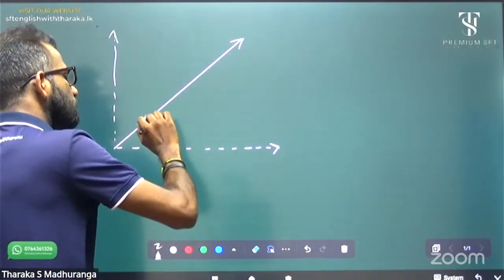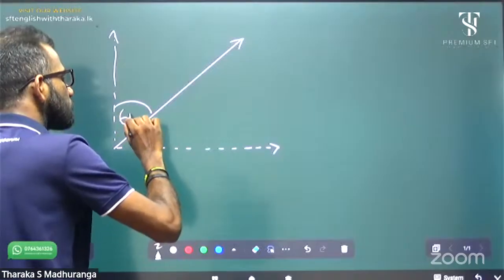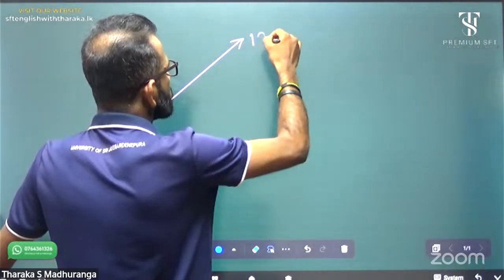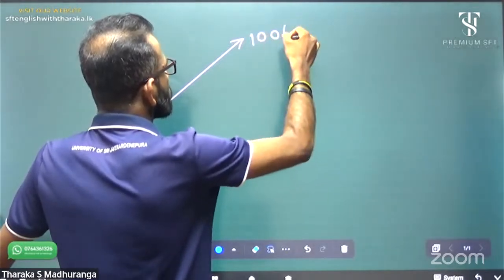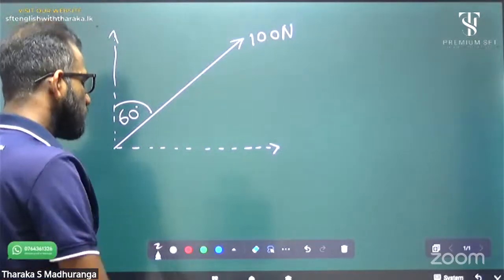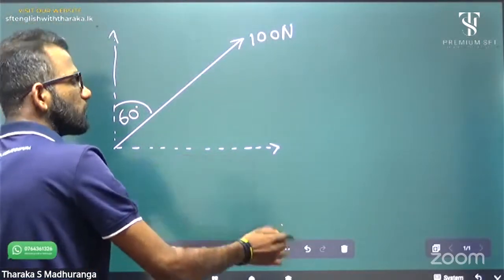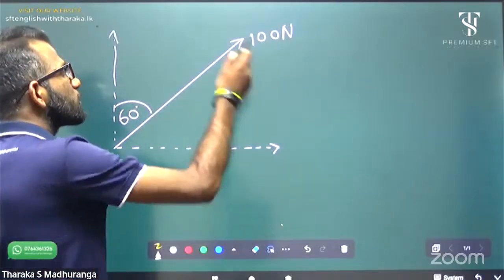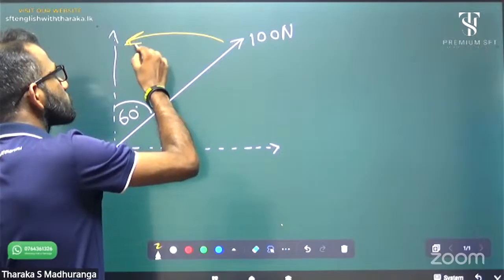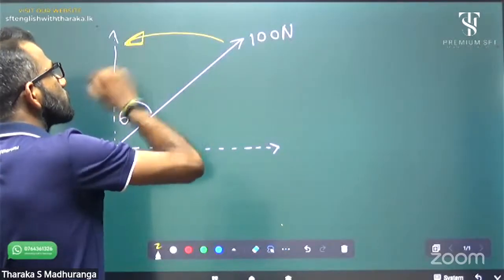Think it is 60 degrees and it is 100 Newton. How do we resolve it? If it is the angle direction, what's the trigonometric ratio? It is cos.